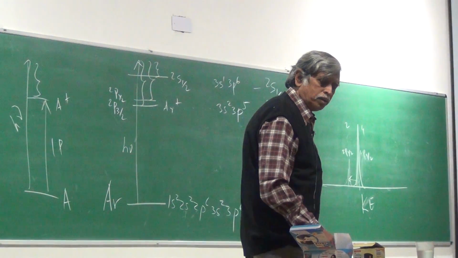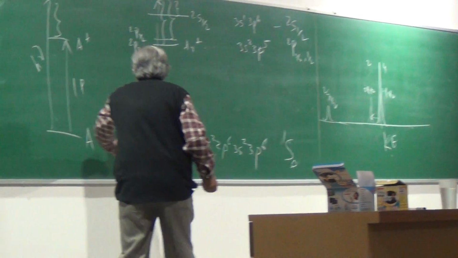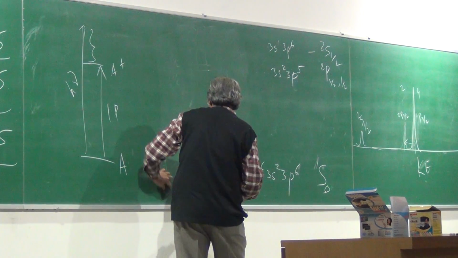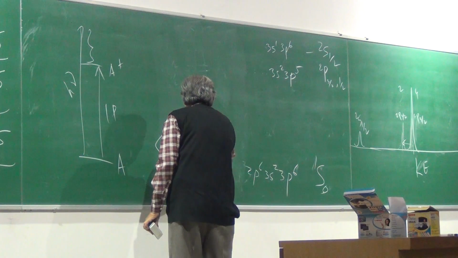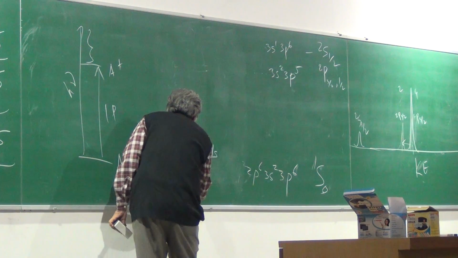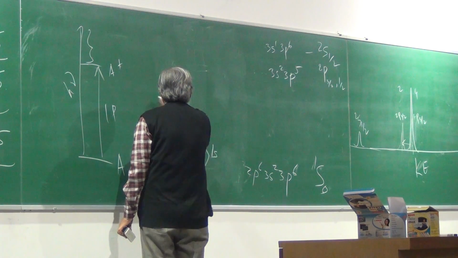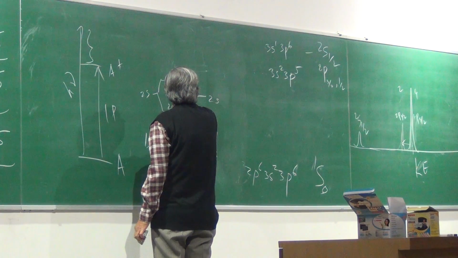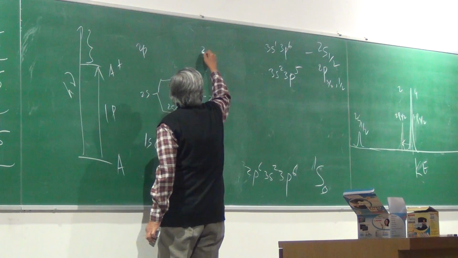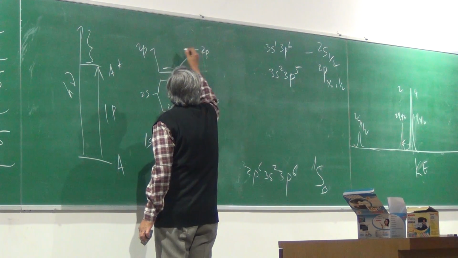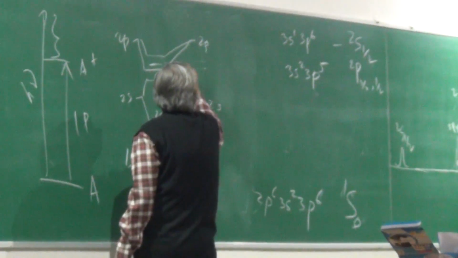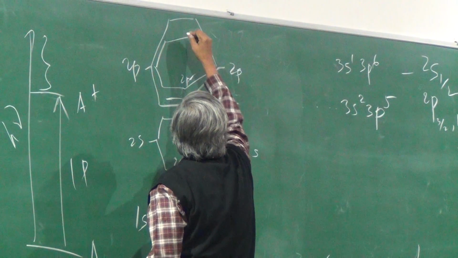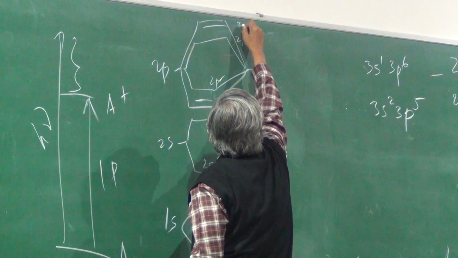So let's say if I have... what do we get? 1s sigma, 1s sigma star, 2s sigma, 2s sigma star, and then 2p pi, 2p sigma, 2p pi star, and 2p sigma star.